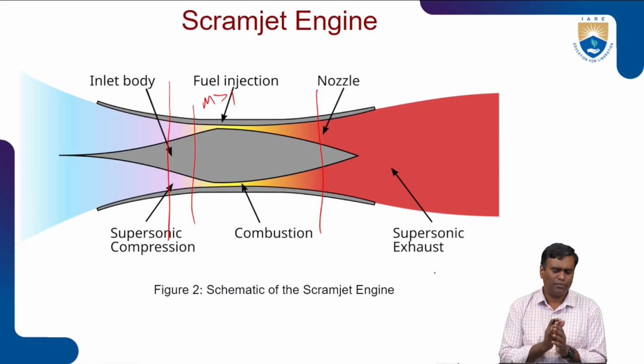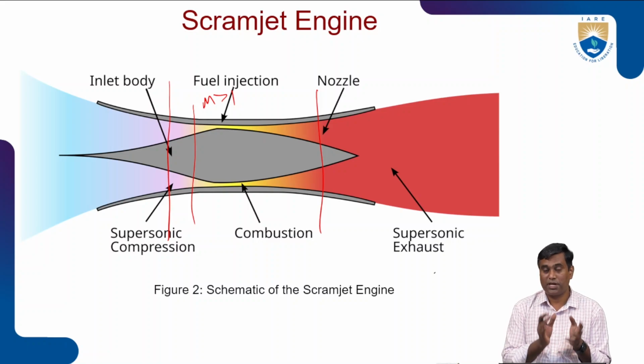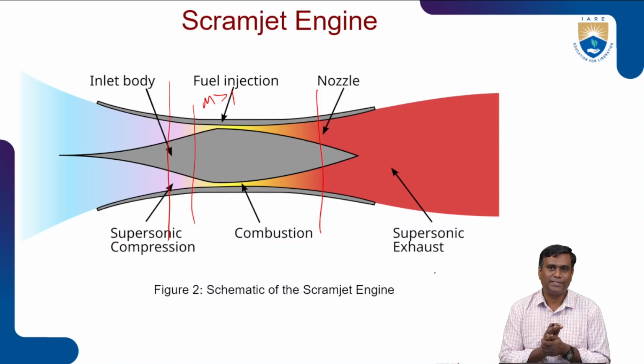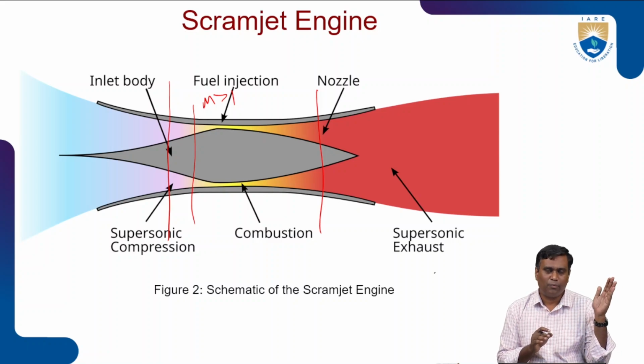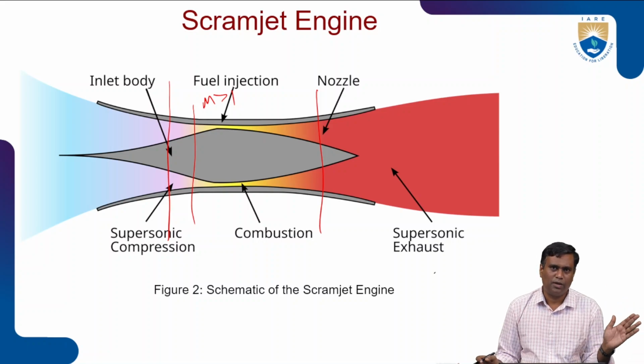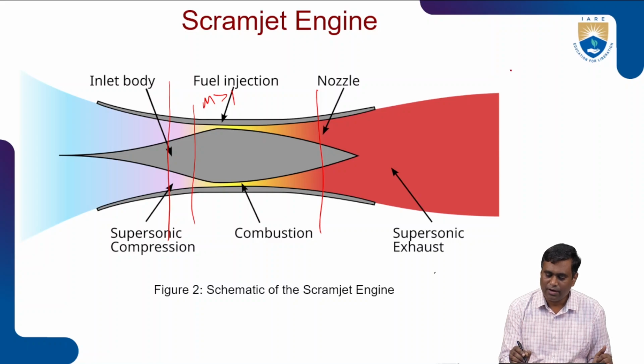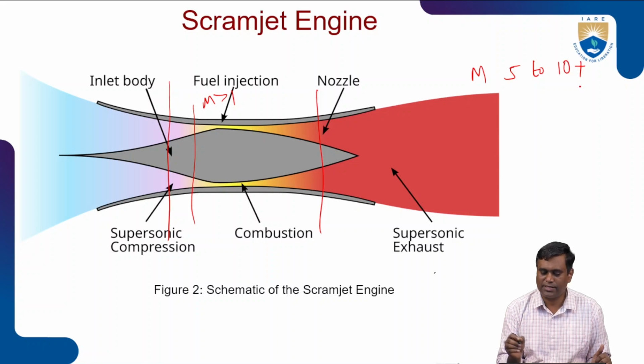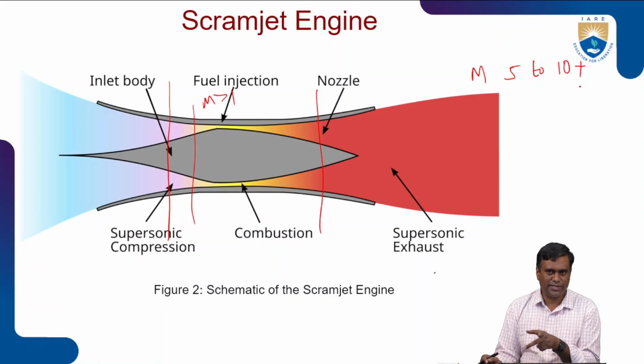And another thing is, in both ramjet and scramjet, flame stability matters: holding stable, continuous combustion at these high speeds. In the case of ramjet, the minimum is Mach 2, whereas in the case of scramjet, the minimum is Mach 5 to 10 or 10 plus, hypersonic speeds. This speed range is called hypersonic.